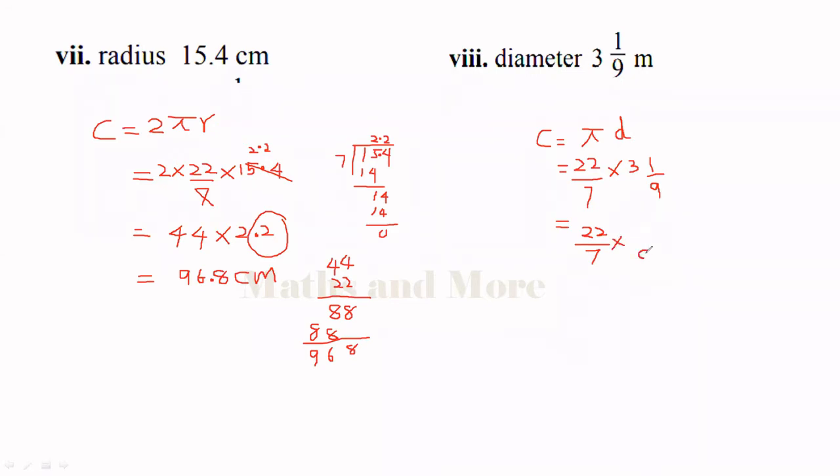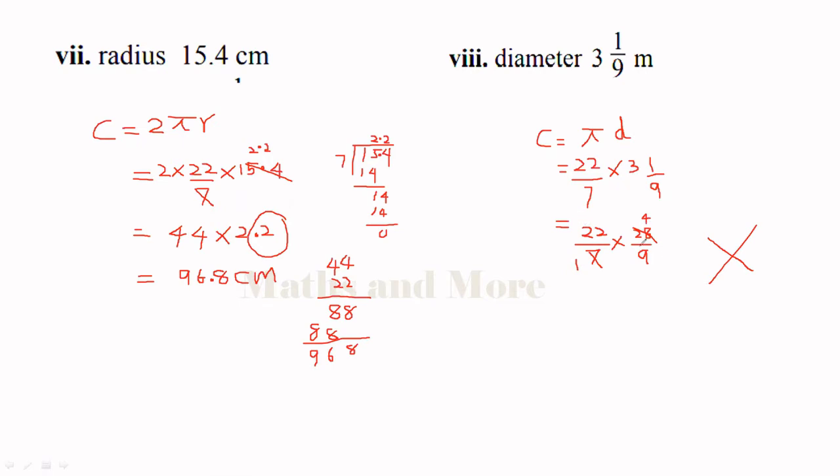Denominator is 9. 9 into 3, 27. 27 plus 1, 28. You can cut numerator and denominator. So, 7 into 1, 7. 7 into 4, 28.